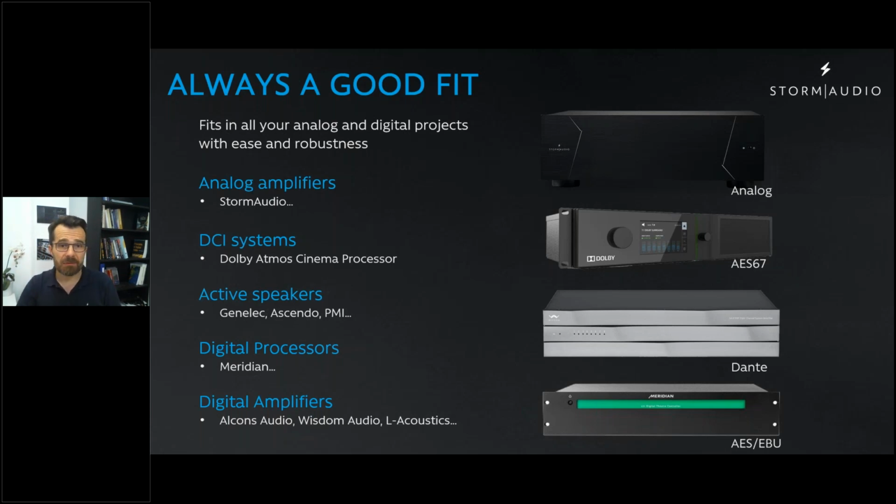You name it, you have all the different options, whether you use active speakers that require a digital interface, maybe some type of multi-way active filtering, digital processors like the Meridian that we can interface directly, or digital amplifiers, I mean brands like Wisdom or L-Acoustics. They have their own systems with their own speaker calibrations. You can interface very easily with our products, and this is key. If you work with StormAudio, you can be sure that you will always find the right products in the portfolio.